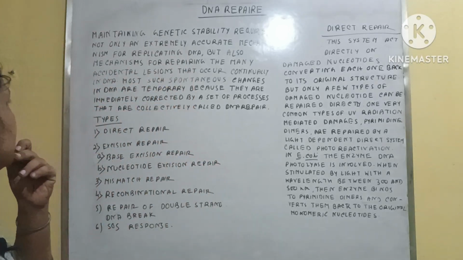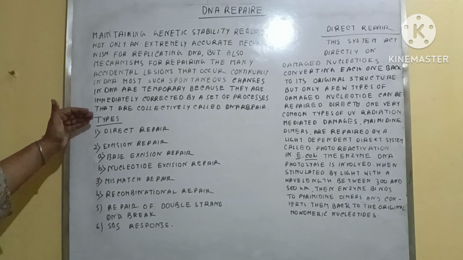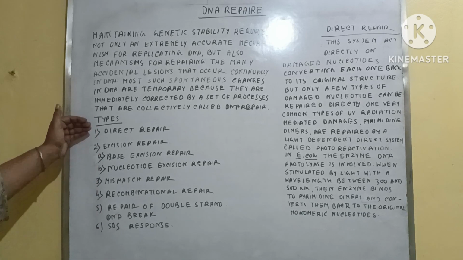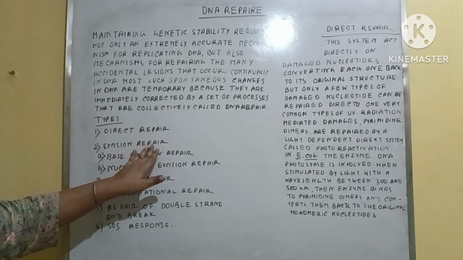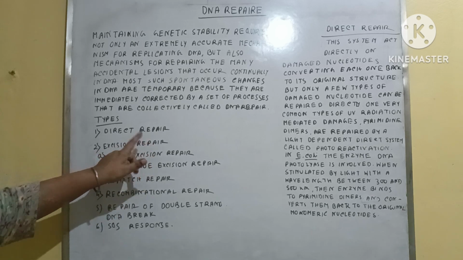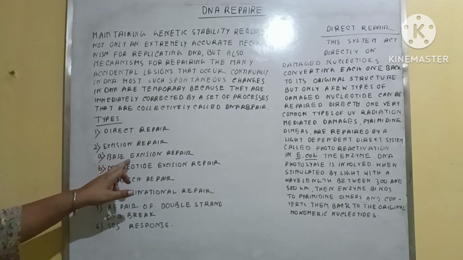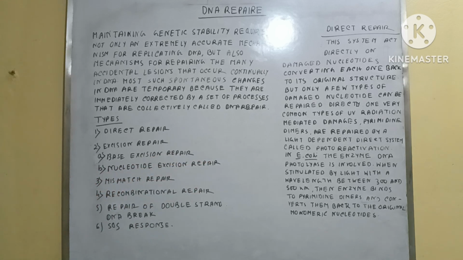Many types of DNA repair are there. Generally, the first one is direct repair, and the second one is excision repair. There are two types of excision repair: one is base excision repair and the other is nucleotide excision repair. The third one is mismatch repair. The fourth one is recombinational repair.